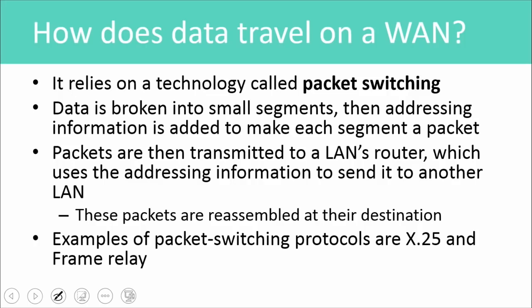When packets arrive at their destination, they're simply reassembled by walking through the communications subnetwork, the OSI model, and they're reassembled into the wonderful, beautiful imagery and data that we see on our screens. Examples of packet switching protocols that you should definitely be aware of for this exam are X.25 and also frame relay.